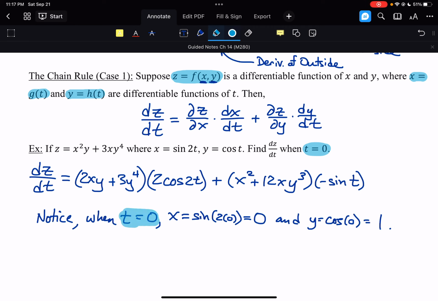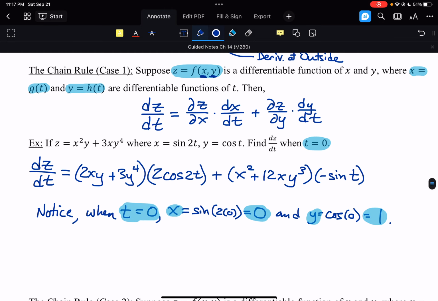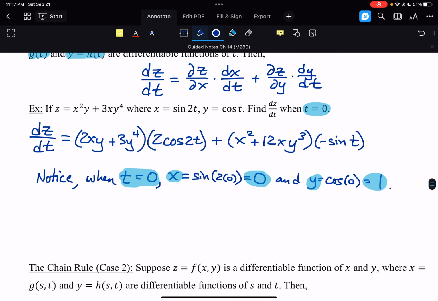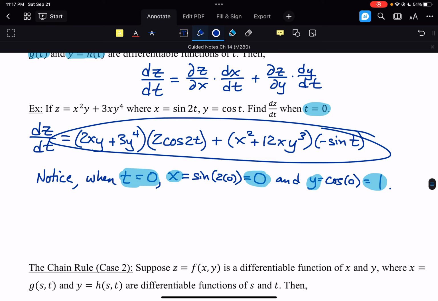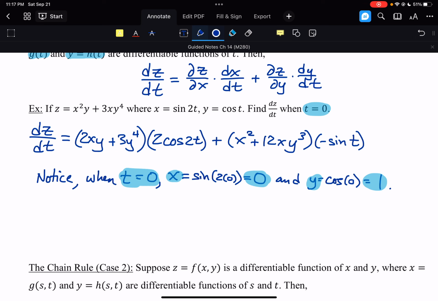So when t is 0, x is 0, and y is 1. We can go ahead and just substitute these values into this formula to get our numerical answer for this rate of change, for this derivative.